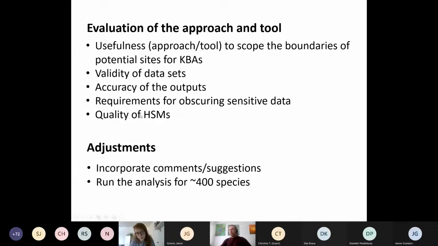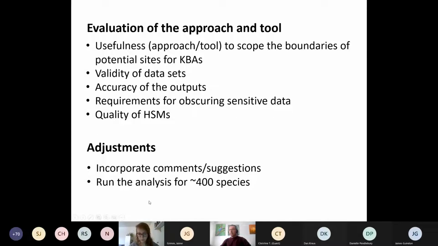And we have to work with NatureServe and also WCS in terms of obscuring some sensitive data at the end of the process. And we asked some people also to look in depth at the models themselves.